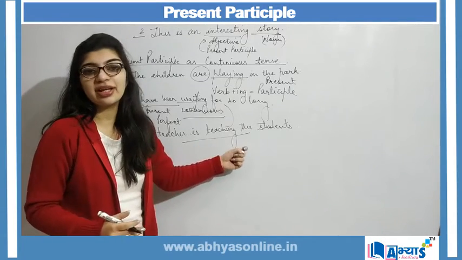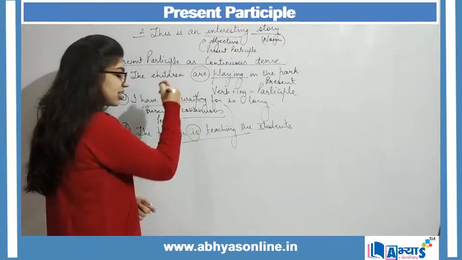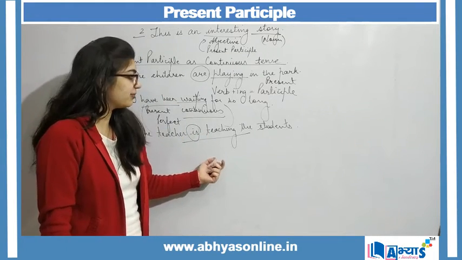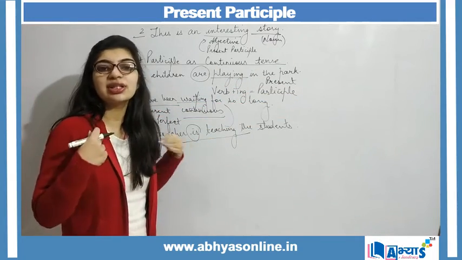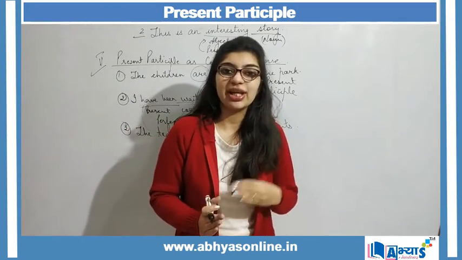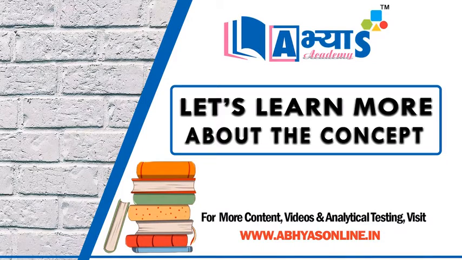Teach plus ing, verb plus ing shows the participle. Is used for present tense, which means that present participle. Here present participle is used as a continuous tense because the action is still going on. The teacher has not stopped teaching. She is in a continuous form of teaching.